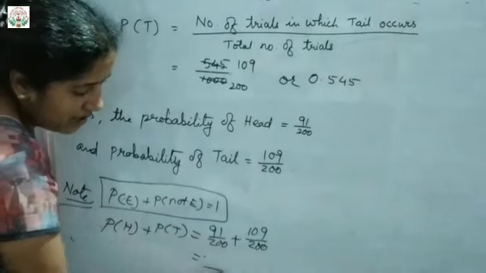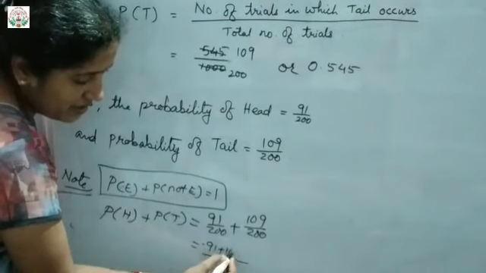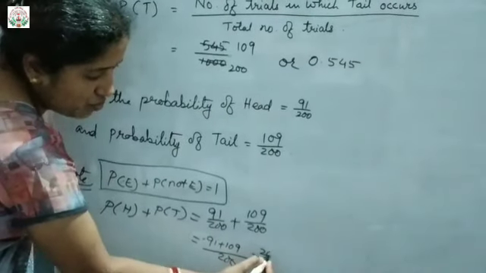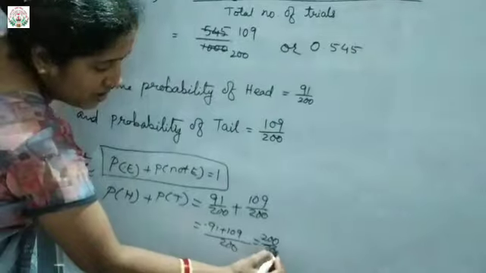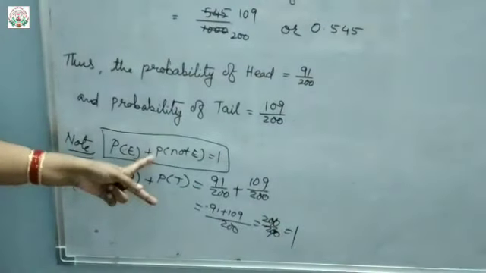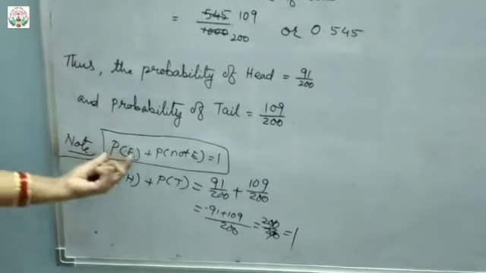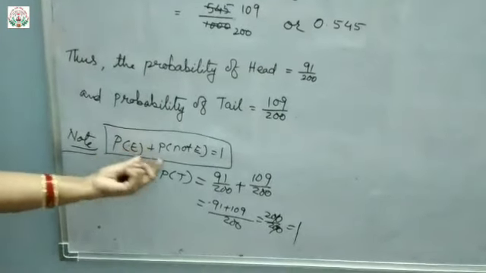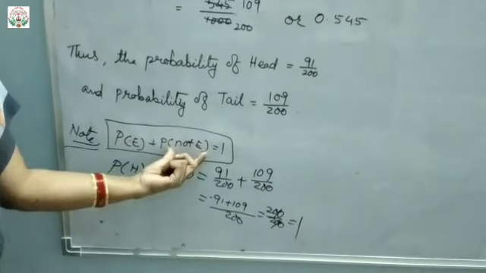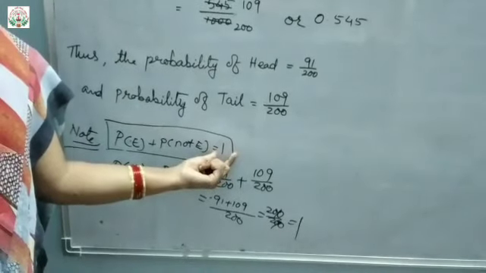So when you add, take the LCM, and 91 plus 109 is 200 upon 200, which comes as 1. Okay, clear, understood. You are not supposed to show this, but I am telling you, when probability of E and probability of not E are added, you will get 1.